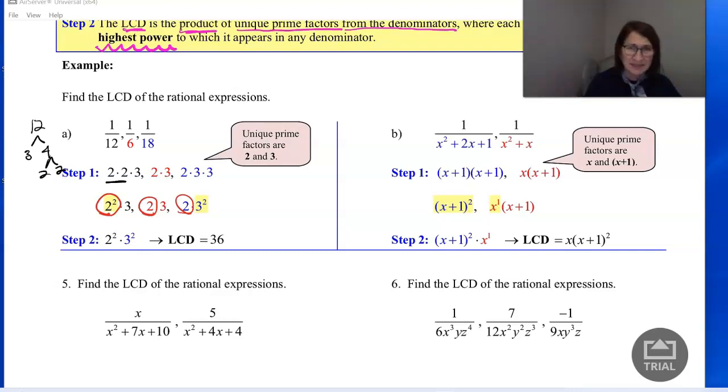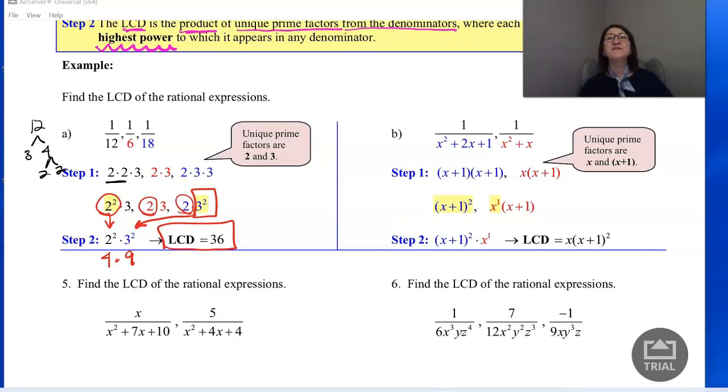This was the opposite of what we did when we were looking for a greatest common factor. So confusing. But when we're looking for a least common denominator, we want the highest exponent. Now when I look at my 3's, it's my 3 squared that is going to be my highest exponent. So that becomes 4 times 9, so my LCD is 36.